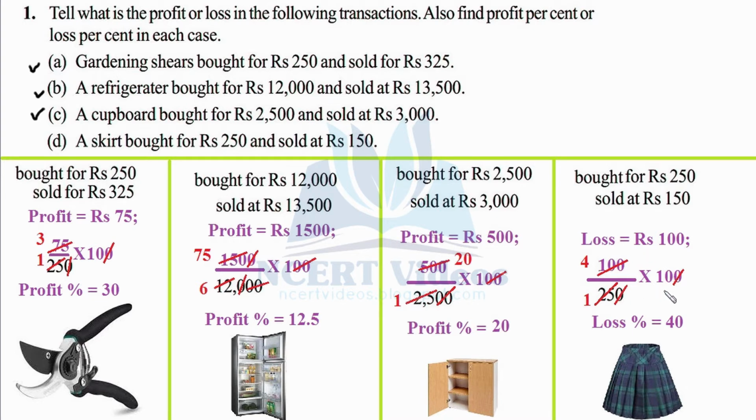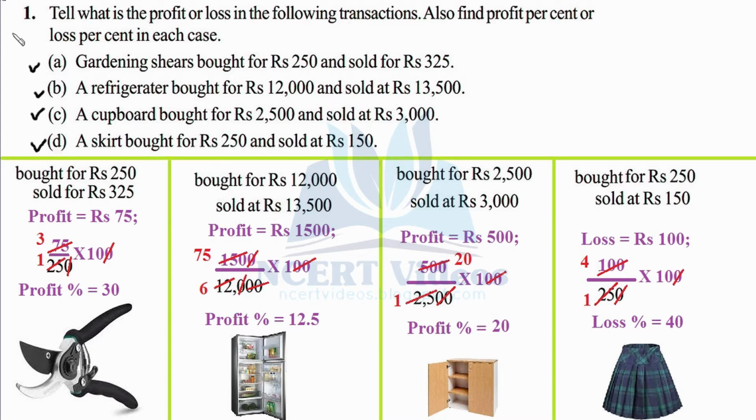So 100 cancel. 125s are 25. 425s are 100. 4 into 10 is 40%. So there is a loss of 40% when a skirt is sold for 150 whereas it was bought for rupees 250. In this way, you solve your cost price and selling price questions and find their respective percentages.